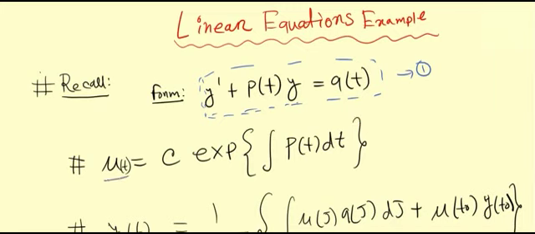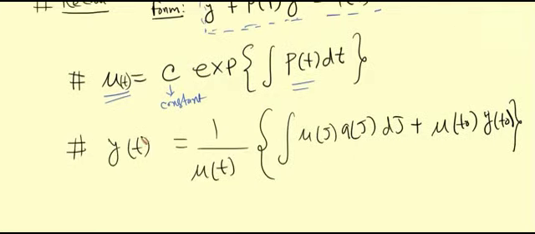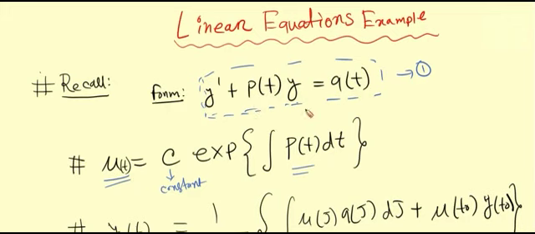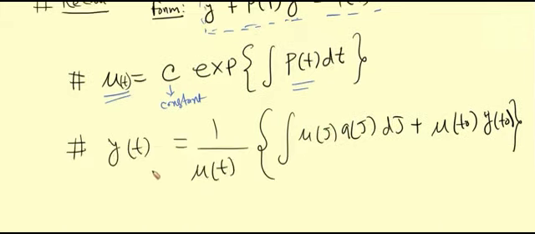If you recall, this mu was our unknown function with some c that was constant, and there was this exponential part where there is some integration, and finally using this mu we solved this differential equation, that is 1, and we found out that y of t will have some form like this. And today we are going to see an explicit example of how we can do it.